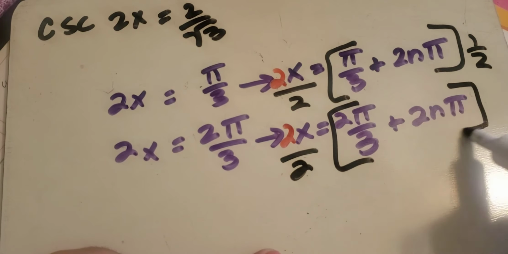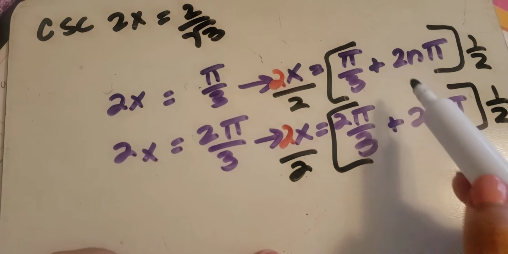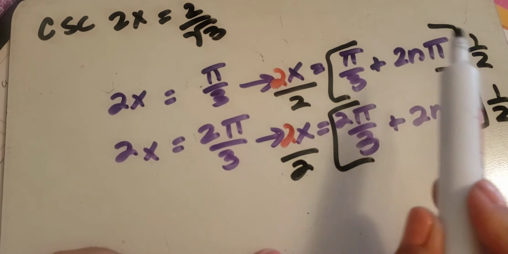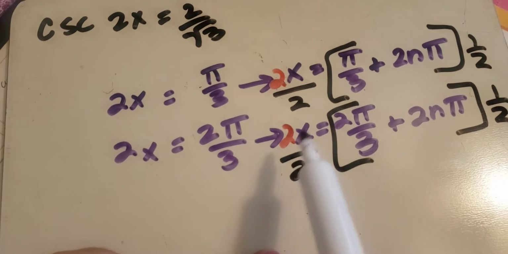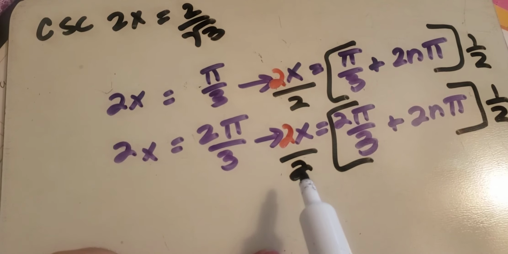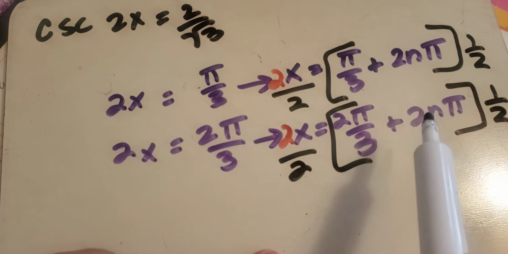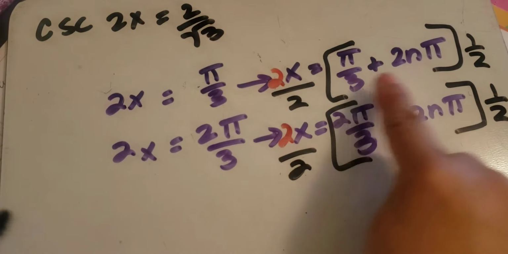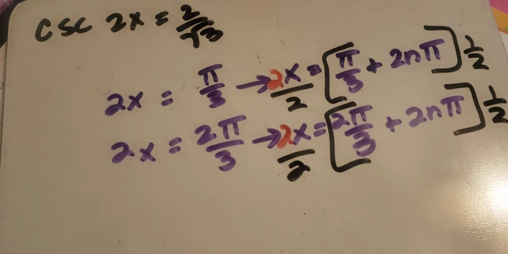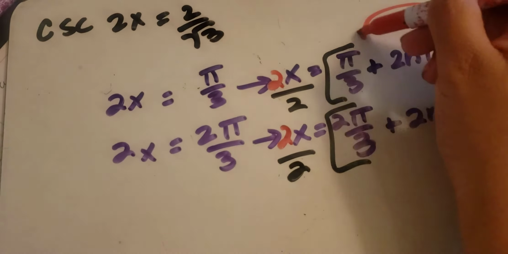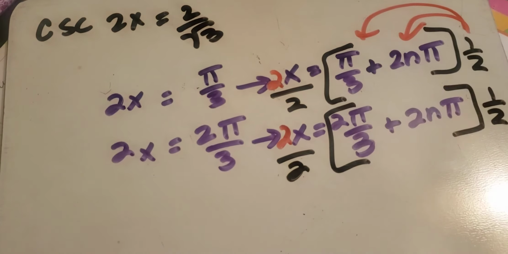When you multiply by a half, you have to do it to everything, because whatever you do to one side, you want to do to the other side. So again, dividing by 2 so that we can get x by itself, or multiplying by a half. I'm going to start with the first one. I'm going to distribute my half here and distribute my half here.